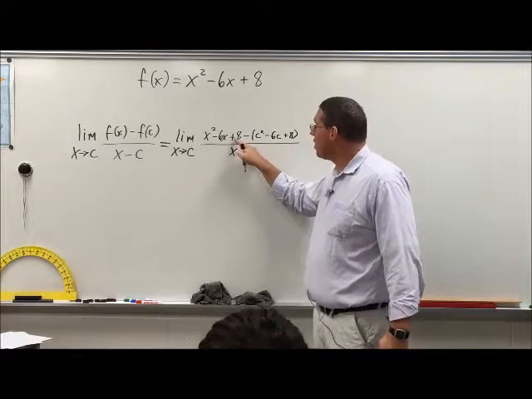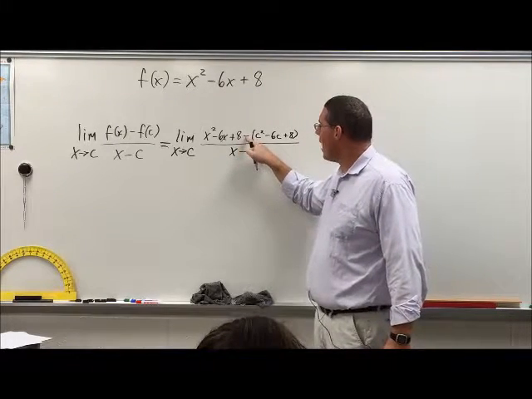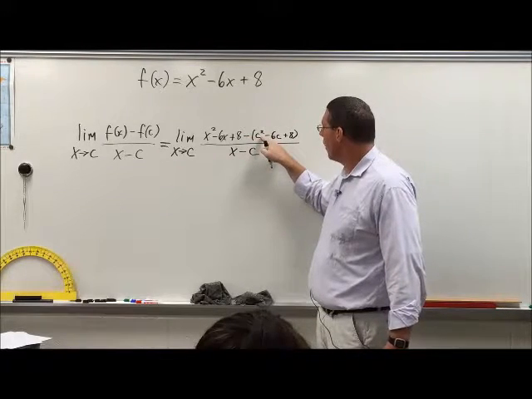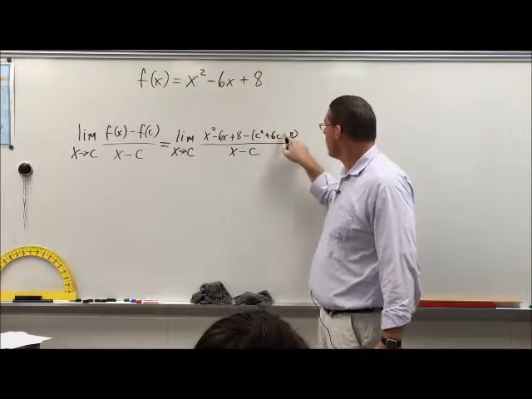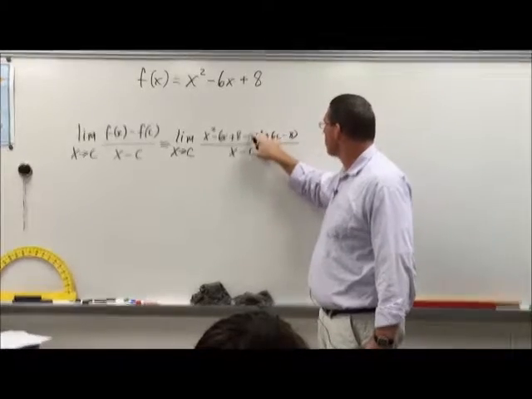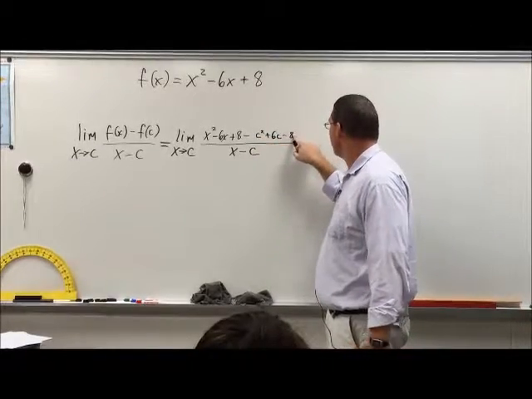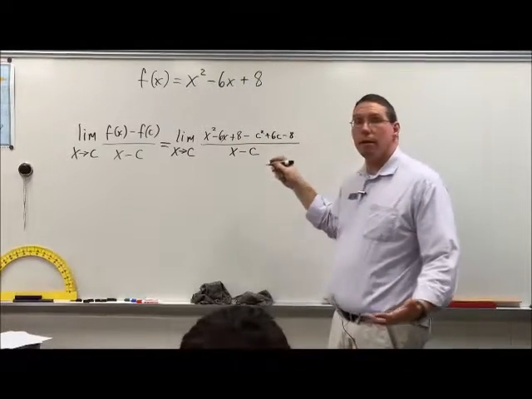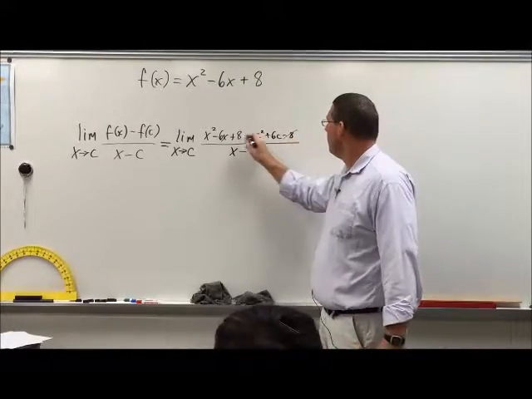Yeah, because we've got a positive 8 here, and if we distribute this negative, we'll have negative c squared, right? Plus 6c minus 8, and of course we'd have to get rid of these parentheses while we do that, right? Okay, so now we have 8 minus 8. That's awesome. So let's cancel them.